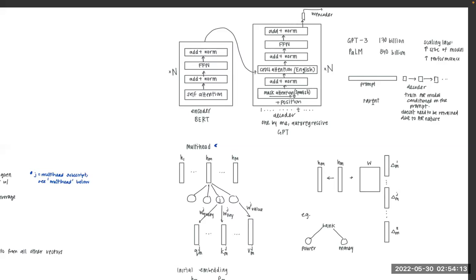And then if you increase the size of the model, that is the number of parameters, you will see a steady increase of the performance. There's a log-linear relationship, a power law. So almost no limit in sight, as long as you increase the number of parameters.